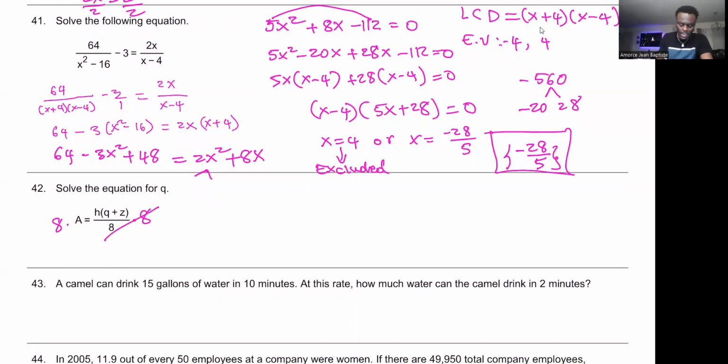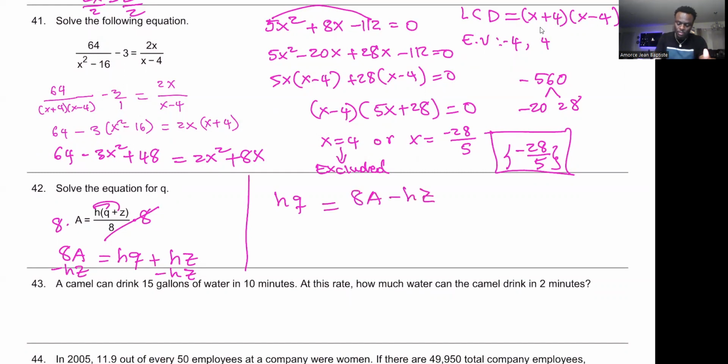That cancels the 8, and that's 8a equals hq. I distribute the h plus hz. Now I'm solving for q. I want to subtract the hz on both sides, and then I will get hq by itself equals 8a minus hz.